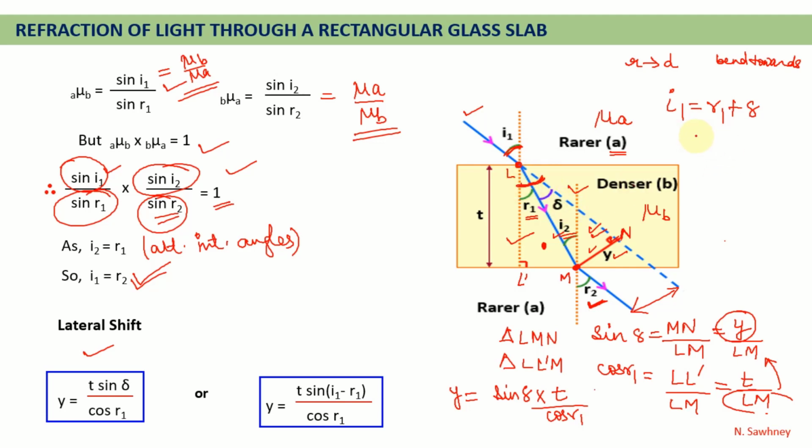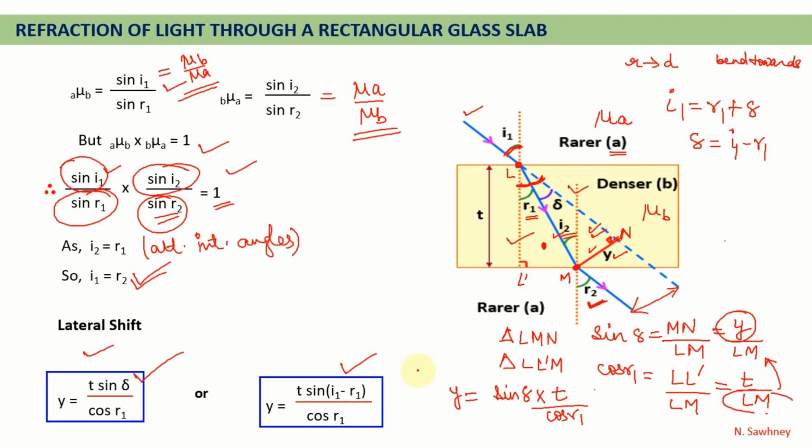So from here we can calculate delta is equal to i1 minus r1. So the same we have replaced the delta here. So we have obtained this expression for lateral displacement: y is equal to t times sin(i1 minus r1) upon cos r1.